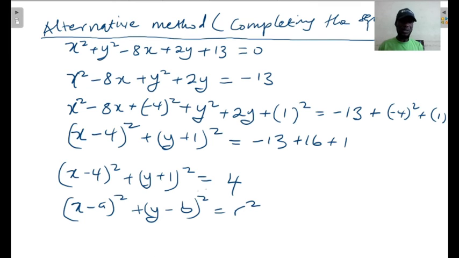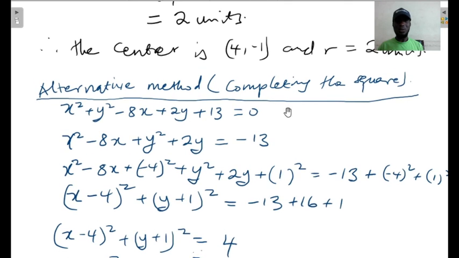So by comparison, then our a will be equal to 4, b will be equal to negative 1, and it's only negative 1 that you can fix here to have positive 1 like this for them to be equal. So we have this, and then our radius will be equal to 2, because if the radius squared gives us 4, then radius will be equal to 2 units, and this is the same as what we have here.